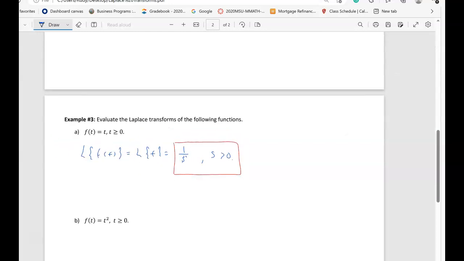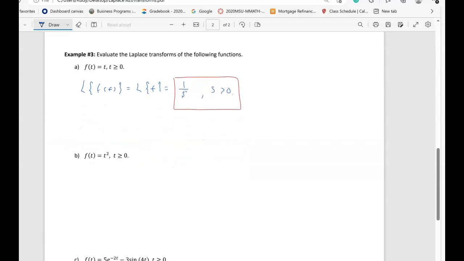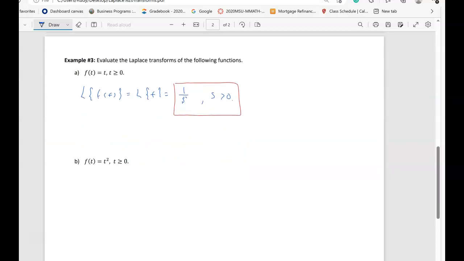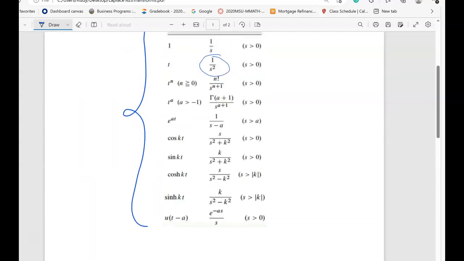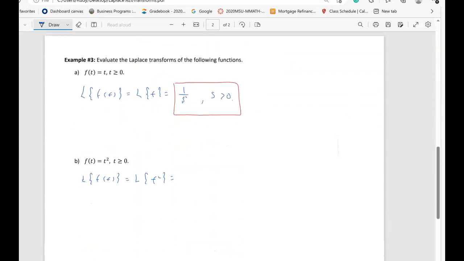Okay. For part B, we're evaluating t to the second. So in this case, the Laplace transform of f of t is going to be equal to the Laplace transform of t to the second. And in this case, we're going to be evaluating this formula that technically uses a factorial. So we're going to have 2 factorial on the top.